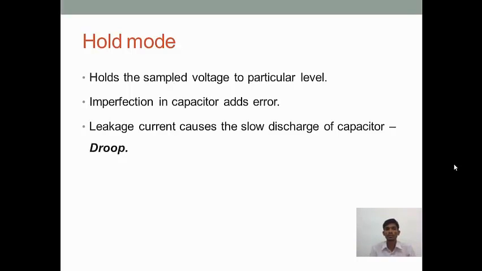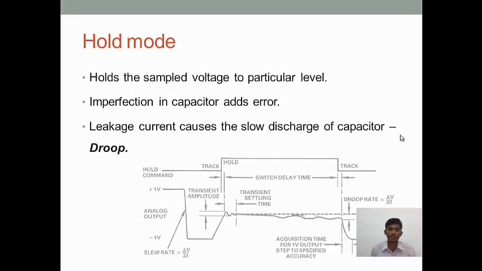But sometimes, because of imperfections in the construction of the capacitor, it will discharge slowly because of some leakage current. This discharging error is called the droop error.